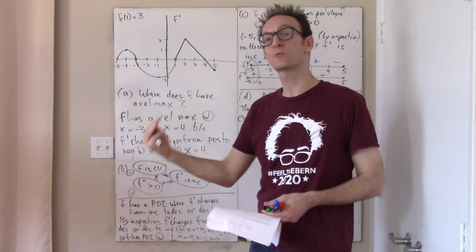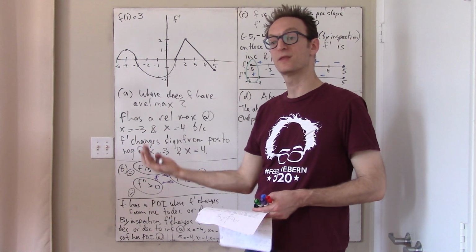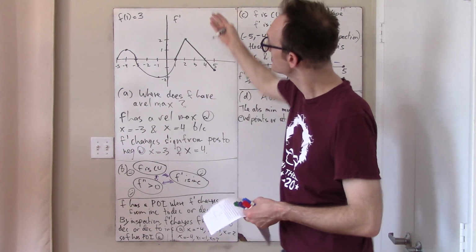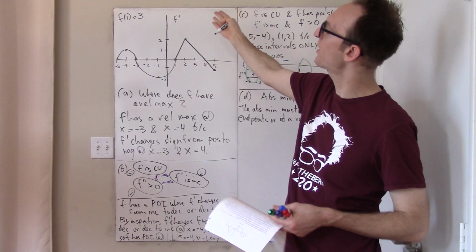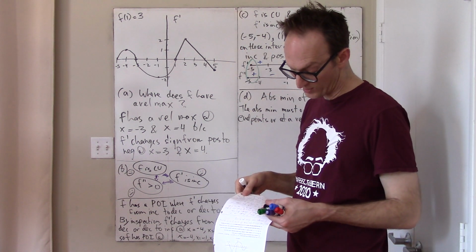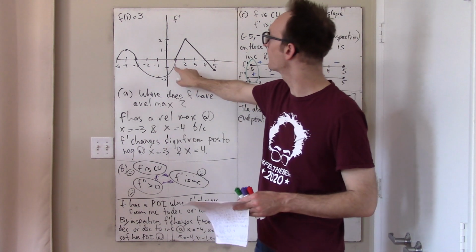A function has a relative minimum when its derivative changes from negative to positive. Since this is a graph of f prime, we need to find where f prime changes from negative to positive. And that only happens once, at 1.